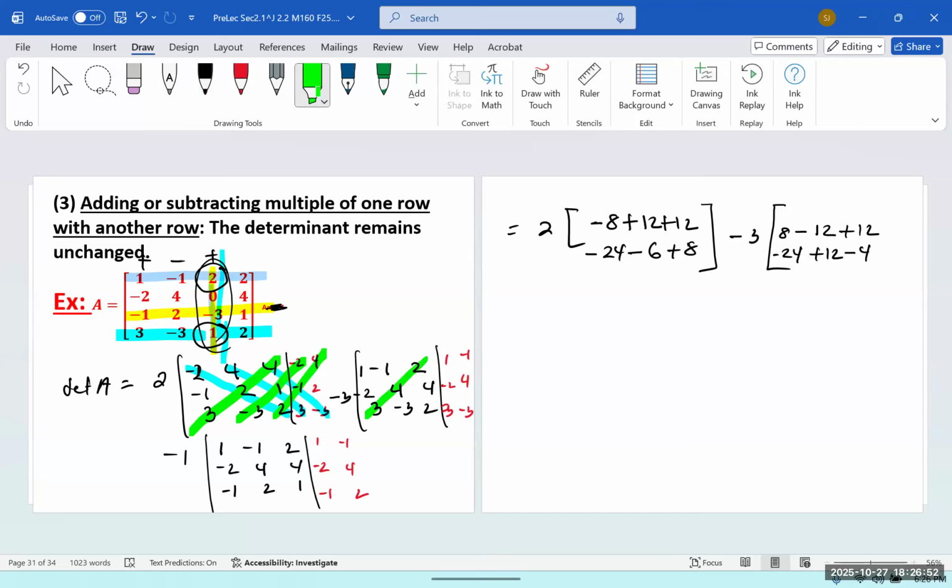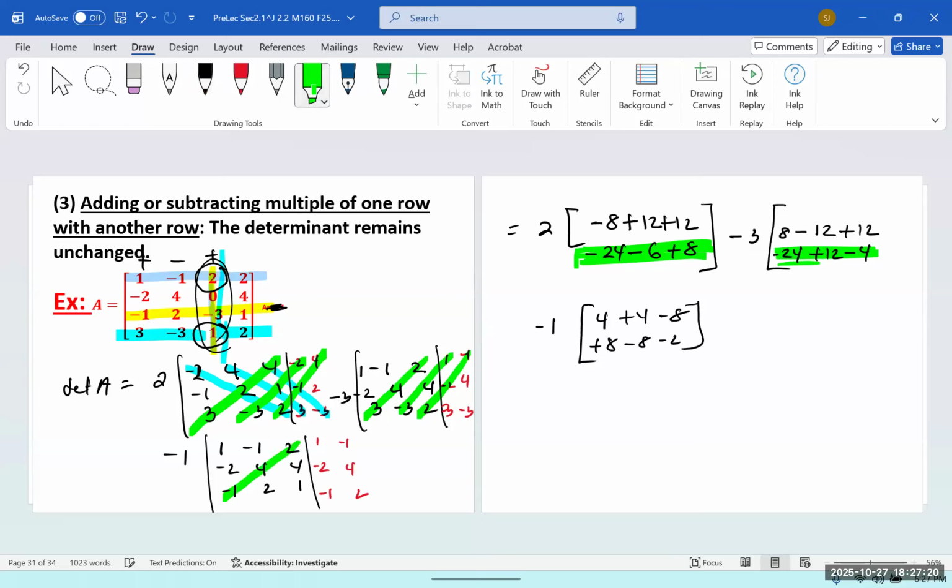So you are subtracting these diagonals. So these are the green ones. And now minus 1 times 4 plus 4 minus 8 minus 8 minus 2.